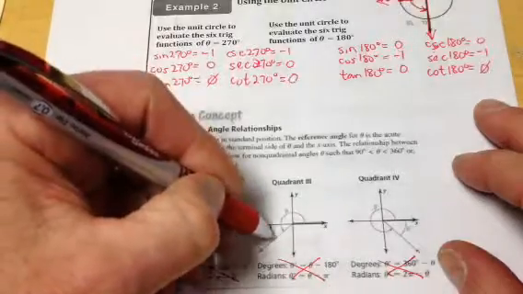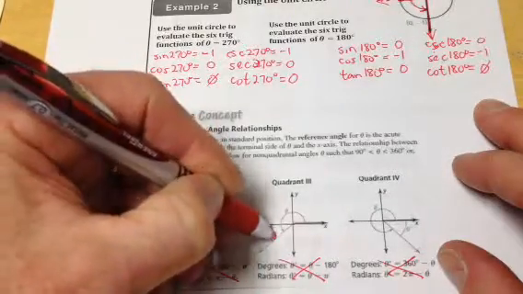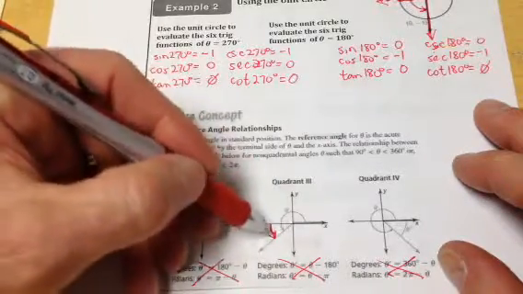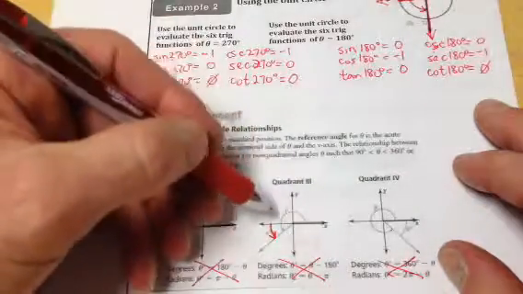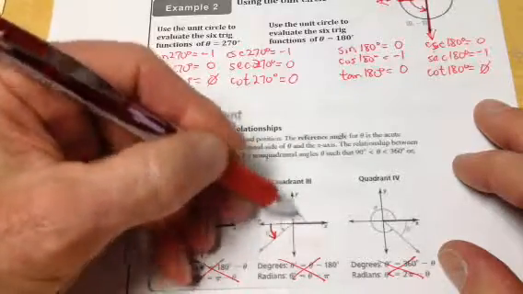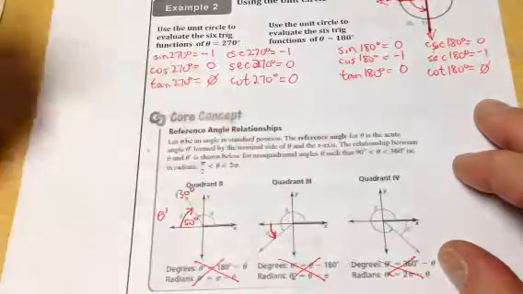So this one is the difference that's below the horizontal, so that reference angle is this much below. So we would want this entire angle subtract 180 because that's the difference there.